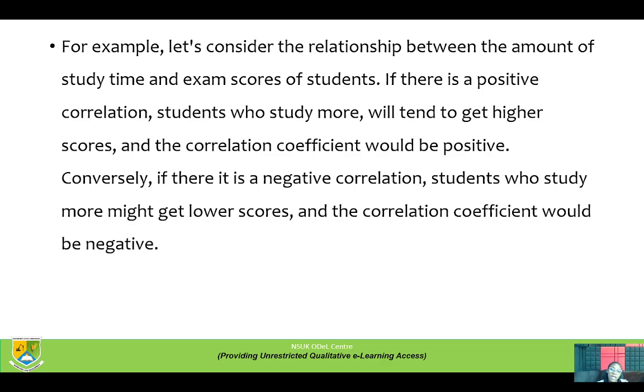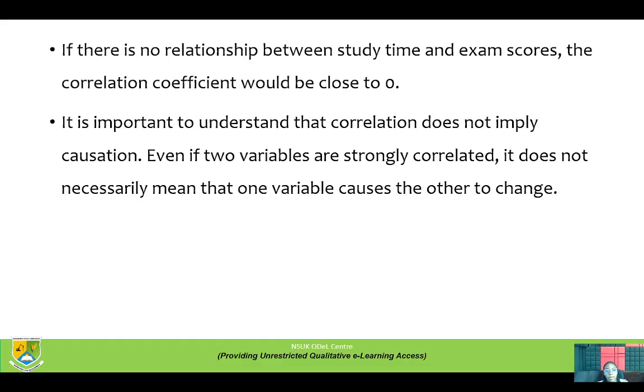Conversely, if there is a negative correlation, it will mean that students who studied more might get lower scores. That's a negative correlation. If there is no relationship at all between study time and exam scores, then the correlation coefficient will be 0.